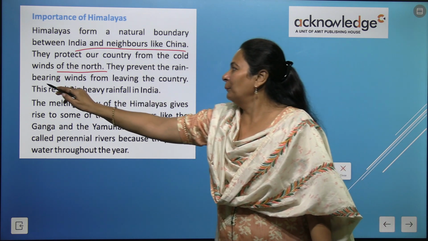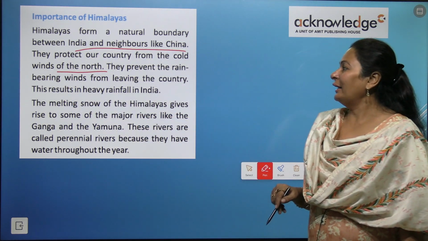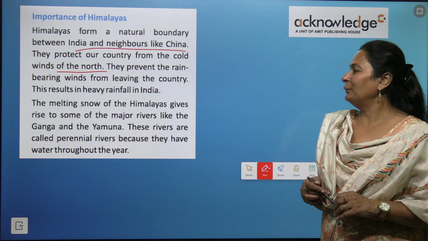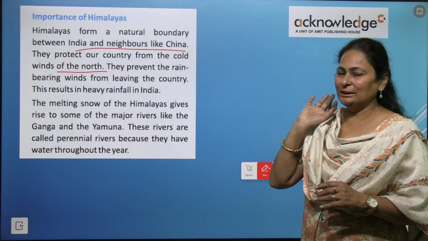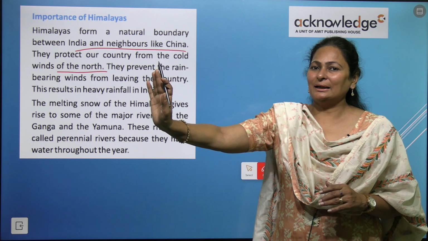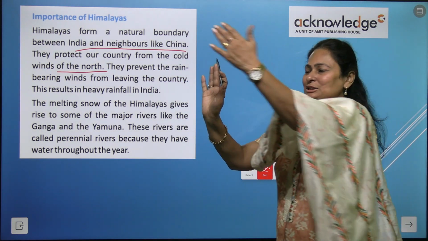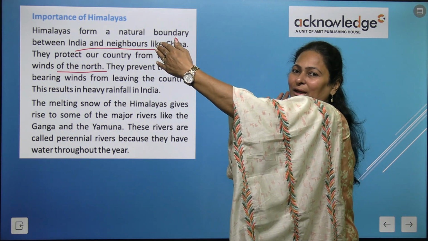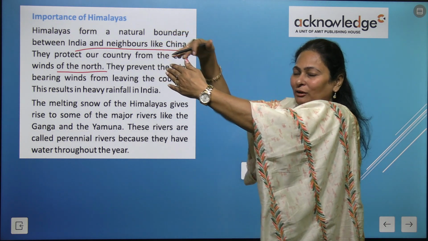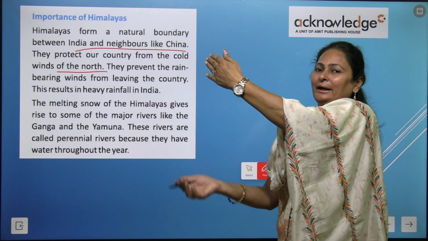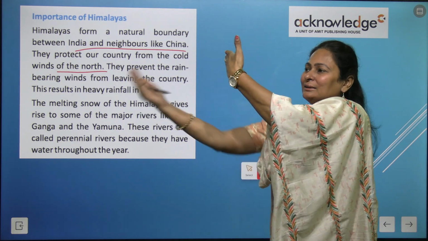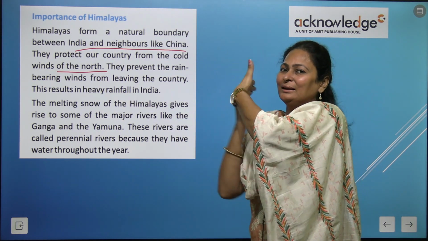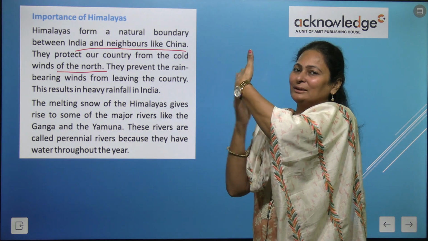They prevent the rain-bearing winds from leaving the country. The air blowing from this direction is stopped by the Himalayas from moving to the other side, right? And it also stops the cold wind coming from the other side.